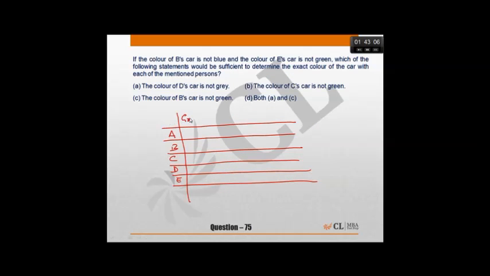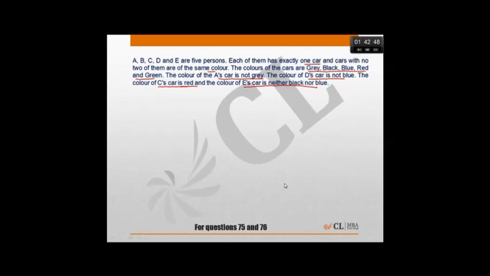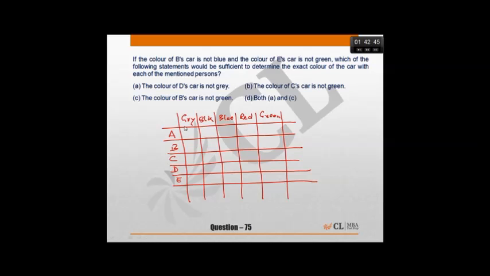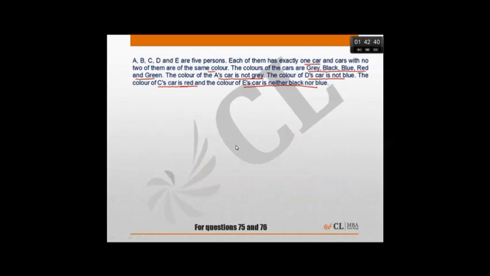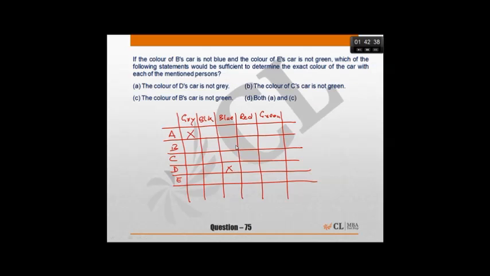Now let me go back to the original data. A is not grey, D is not blue, C is red, E is neither black nor blue. So let me cross out the others also.